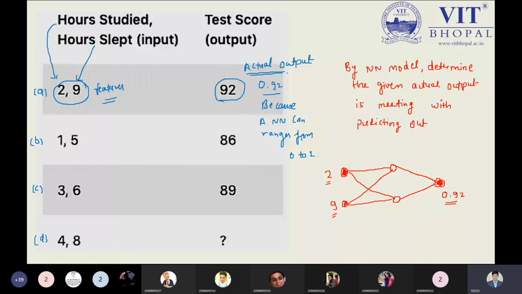If it is not meeting, it means we have some error. That is the point you have to understand. Now from this point we have to solve our problem and understand the thing properly.